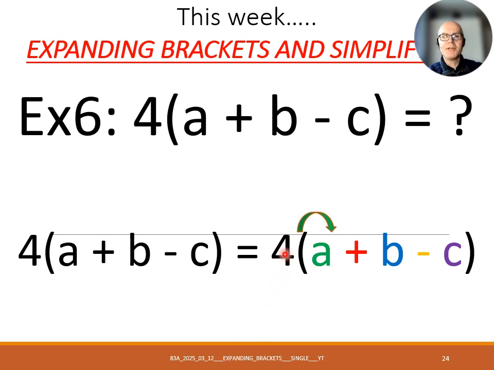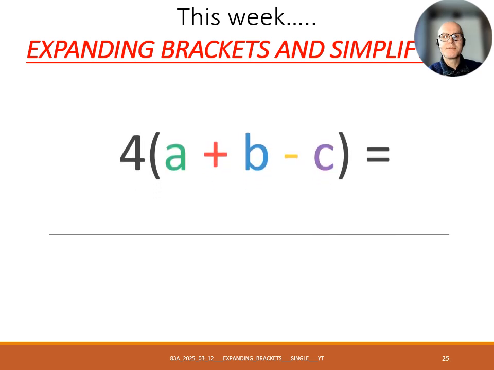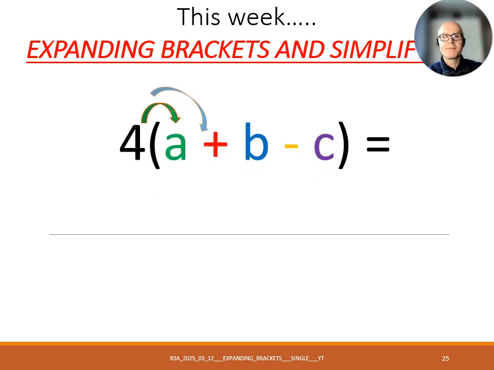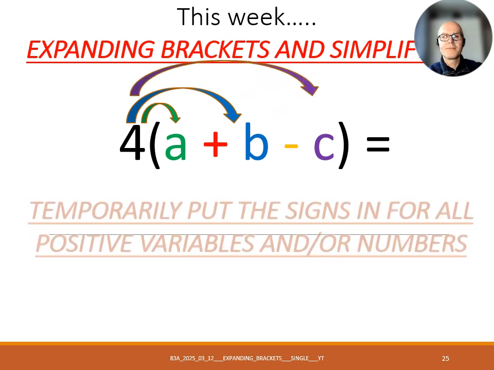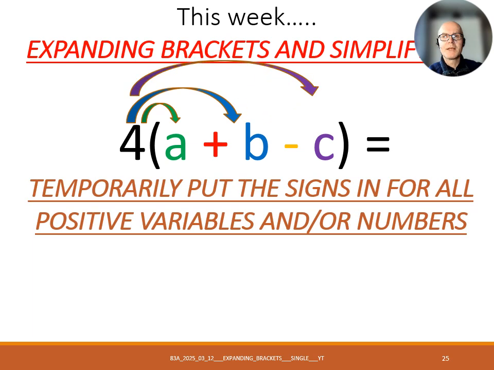Our first step is going to be 4 times the A, then 4 times the B, and of course then 4 times the C. Exact same method, doesn't matter how many variables, how many numbers are inside those single brackets.